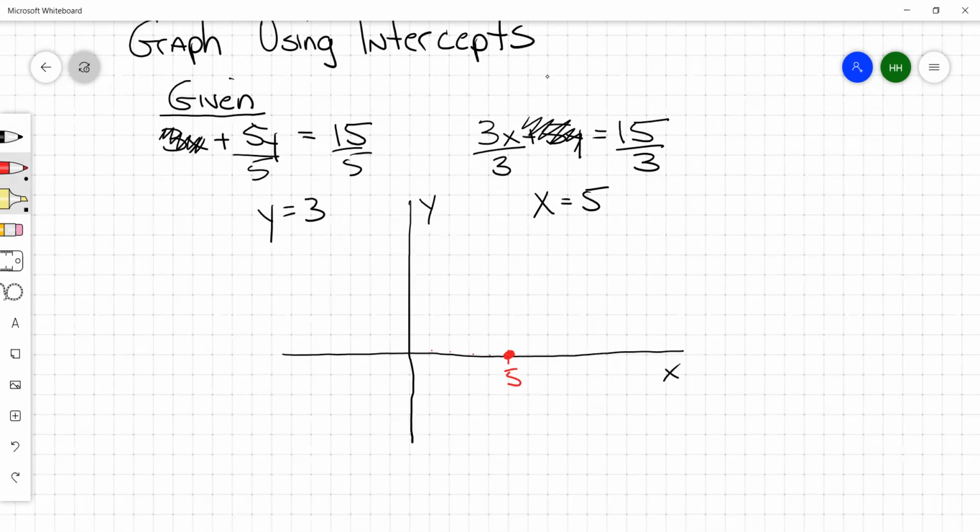And on the y-axis, you plot a 3. So here's 3 on the y-axis. You plot your 3. And then you put a line through the 2 points. So there's the graph of that original 3x plus 5y equals 15 equation.